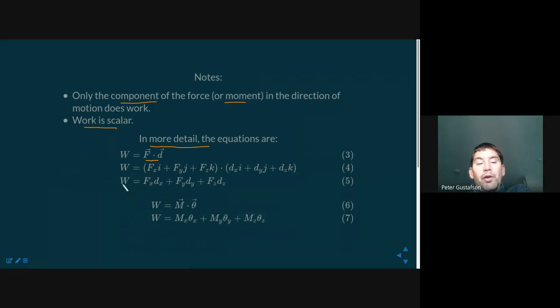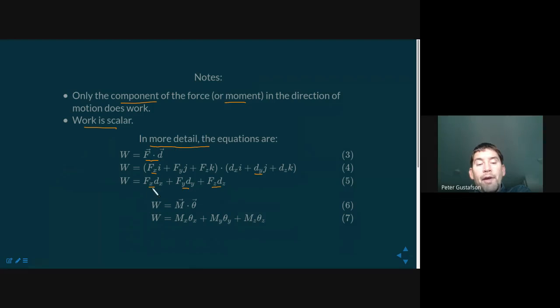And so the magnitude of the work, which is a scalar, is equal to Fx i dot dx i. The dot product of i dot i is 1. So we get Fx dx, we get Fy dy, we get Fz dz. Of course, when you're thinking of the dot product, Fx i dotted with dy j, i dot j is 0, so that goes away. j dot k is 0, and so forth.